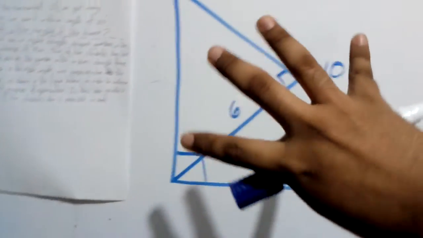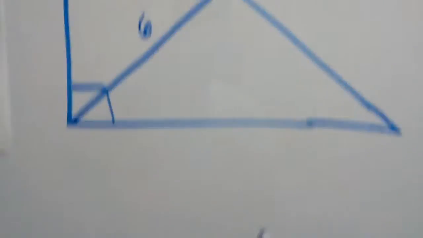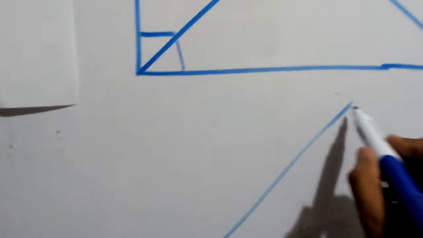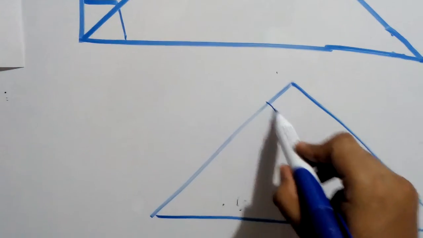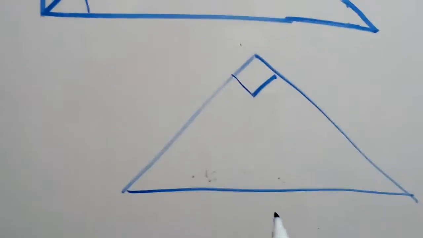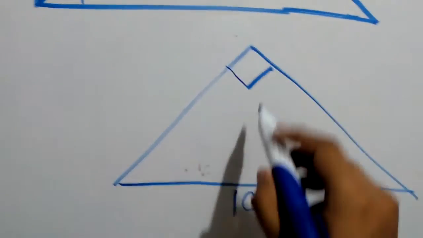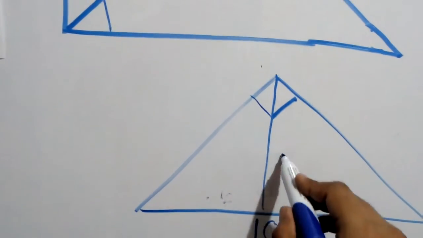Take this triangle and turn it to make this triangle. Now this is the right angle, this is the hypotenuse of 10, and this is the side of 6.